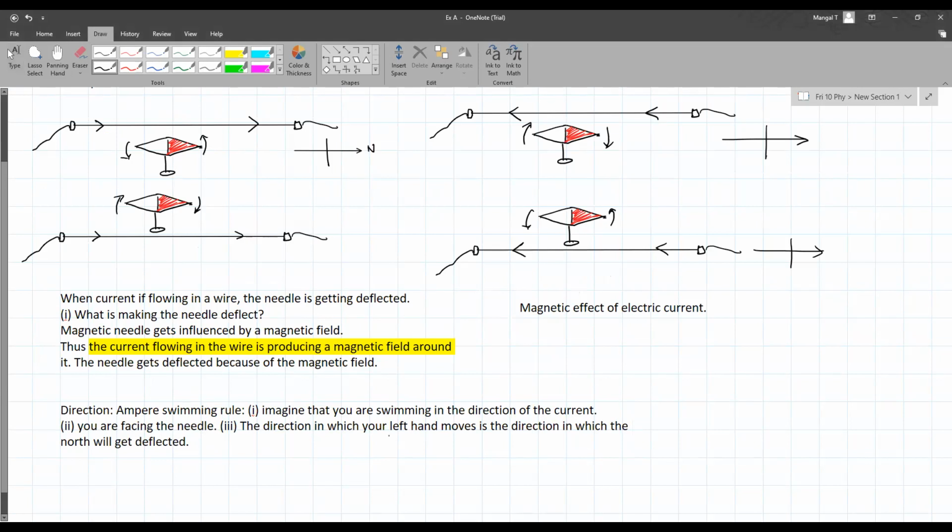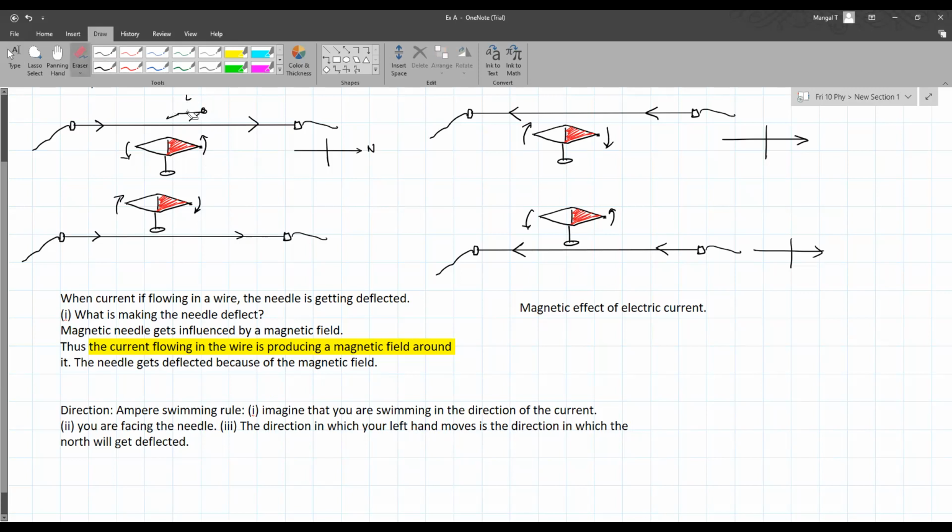So where is your left hand? That is the point where the north will get deflected. The north of this needle will get deflected here. So if this is a person who is swimming, this is his left hand, and that is where the north will get deflected.